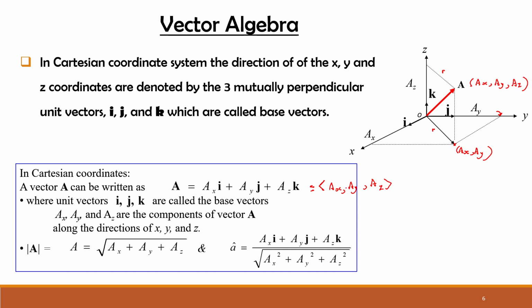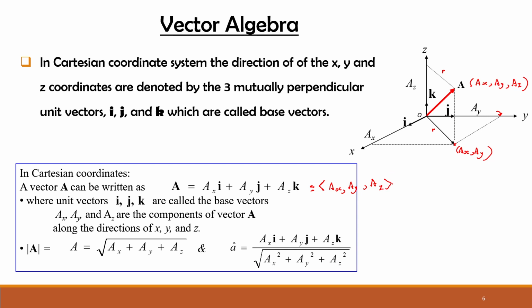If we don't want to write the unit vectors ijk, we can use another notation, which is the less than symbol. You open the less than symbol, but don't use a round bracket. Round stands for a coordinate, a point, where x is about ax units, y is about ay units, z is about az.